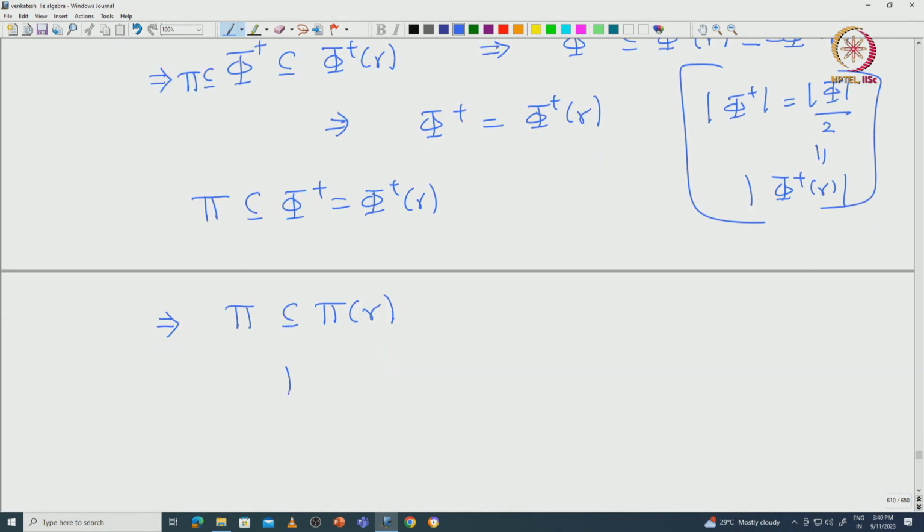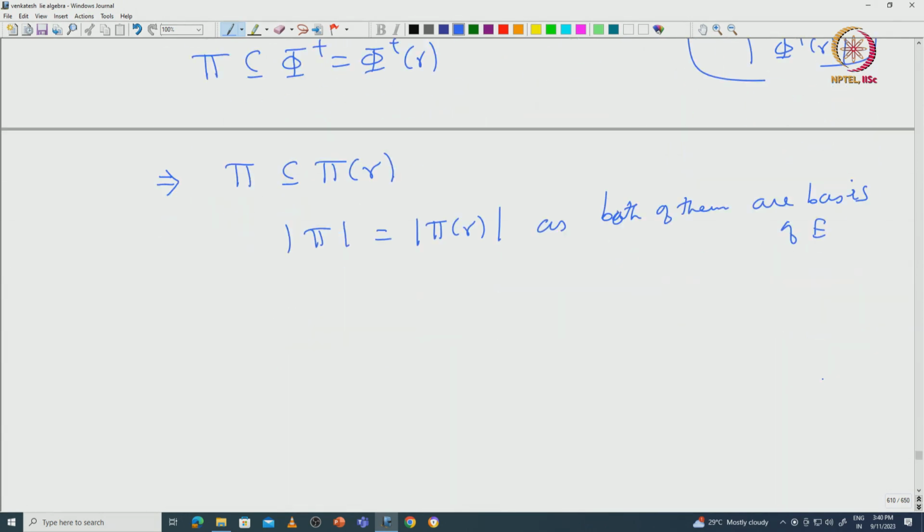Since the cardinality of pi is the same as the cardinality of pi of gamma, as both of them are bases of capital E, you can conclude that pi must be equal to pi of gamma.